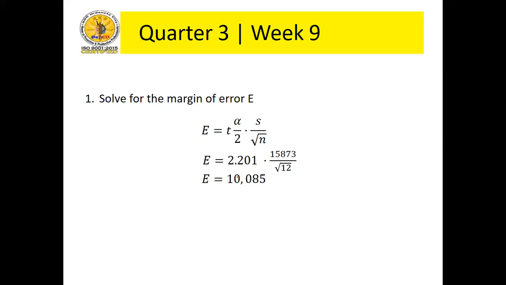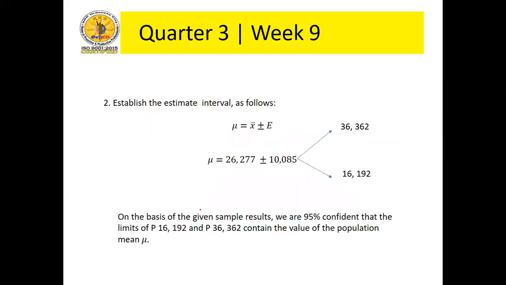If you round off this one into a whole number, it will give you 10,085. Now, using this margin of error, 10,085, we establish the estimate interval as follows.